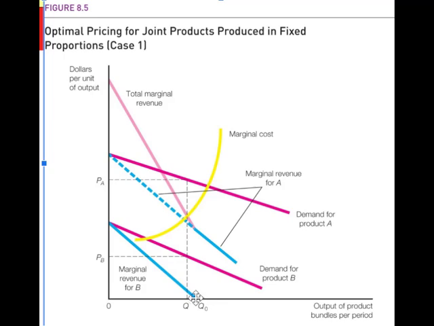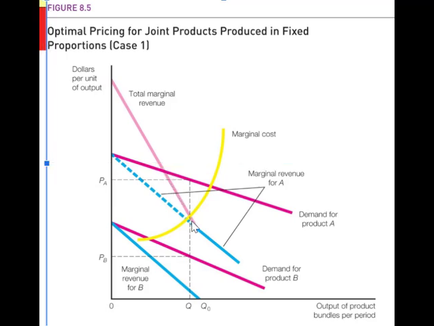For any output greater than Q0, we'll be producing only product A, so total marginal revenue will equal marginal revenue for product A. The total marginal revenue curve will be steep like here as you vertically add up MR A and MR B. But once you reach quantity Q0, you're only adding marginal revenue for product A. So there will be a kink at Q0.